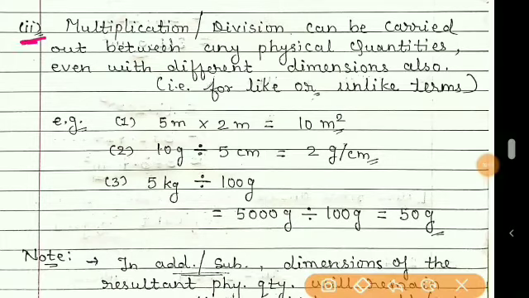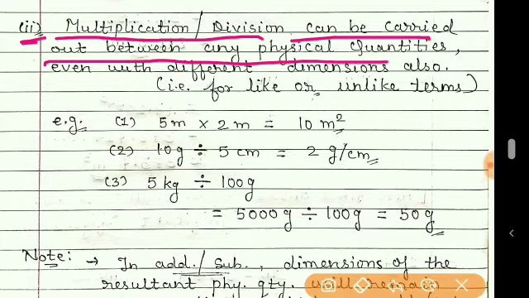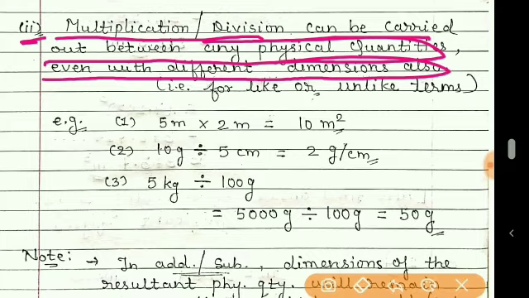Now for multiplication and division. Students, remember that multiplication or division can be carried out between any physical quantities, even with different dimensions also. That is, multiplication can be carried out for like terms as well as unlike terms, in the language of mathematics.